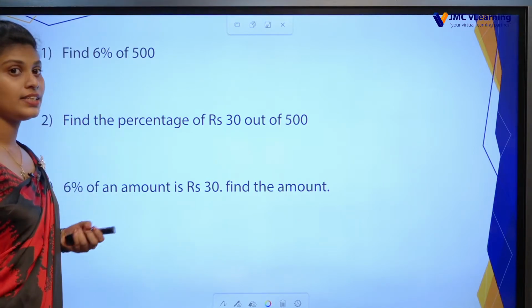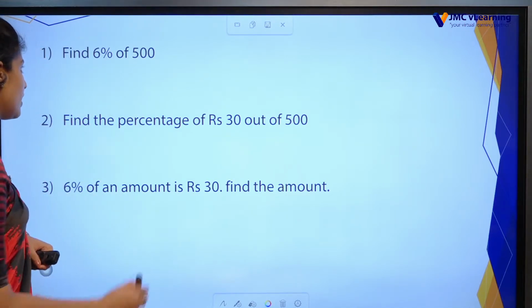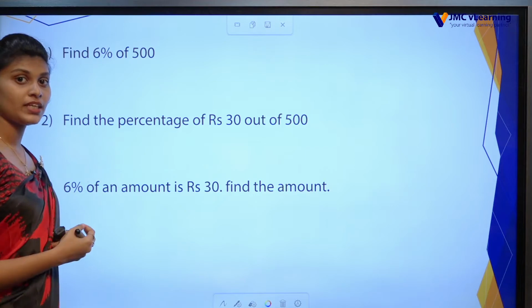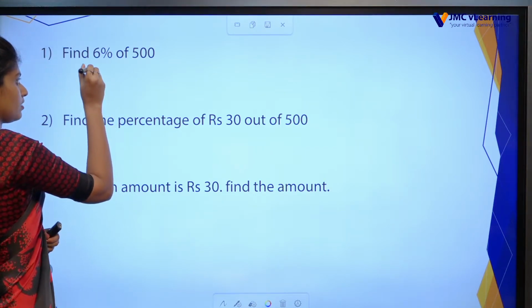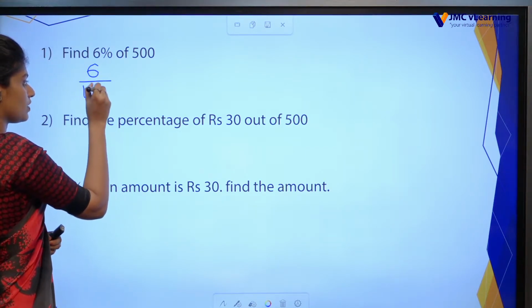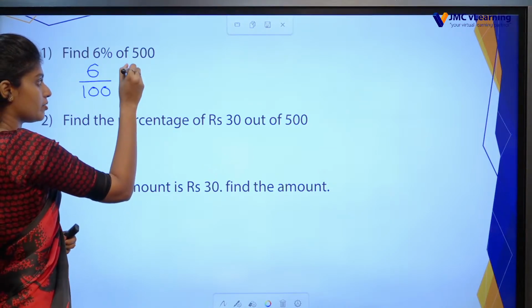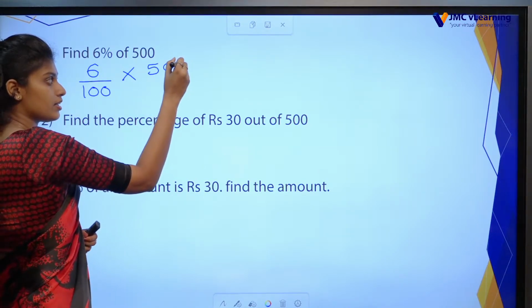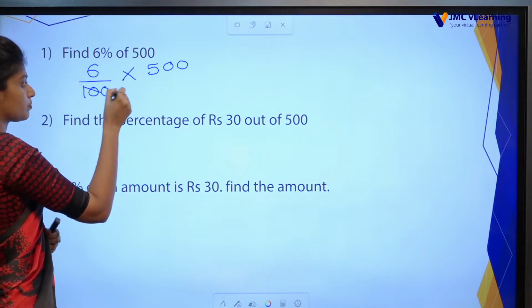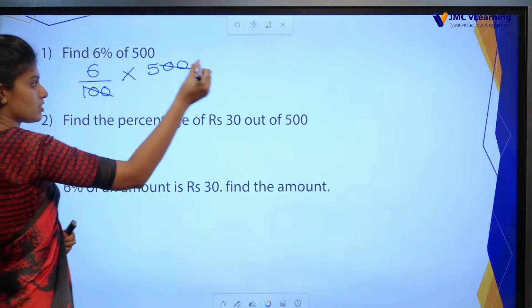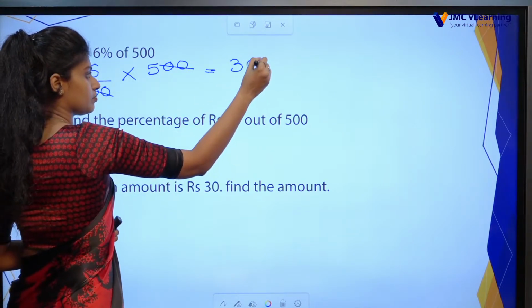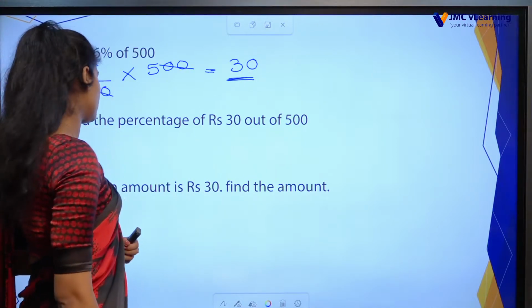Okay. Find 6% of 500. Here "of" means multiplication. Then 6 over 100 of 500, multiply, cancel the 100 and divide by 5 in 500, which leaves 100. 6 into 5, 30. That's the answer.